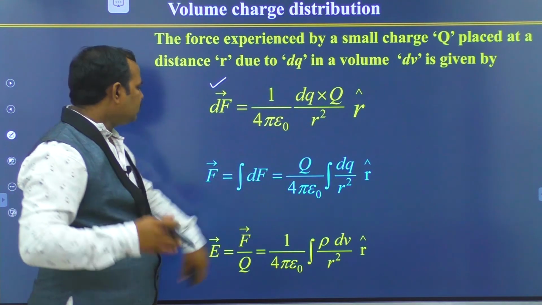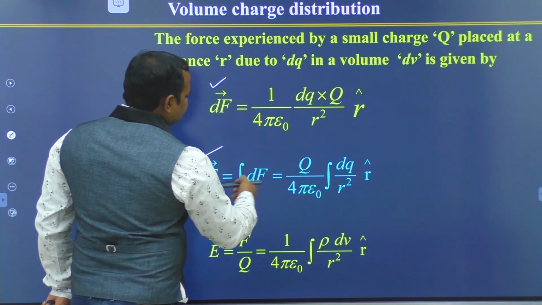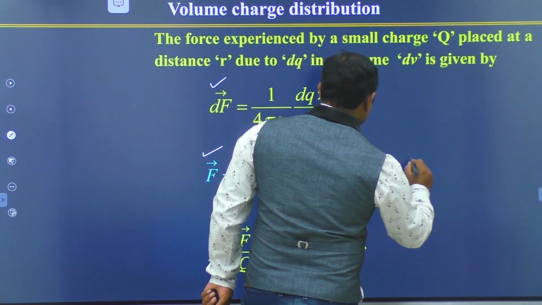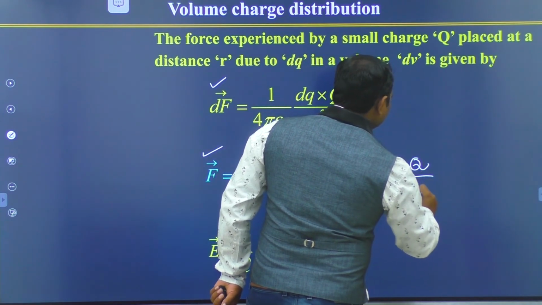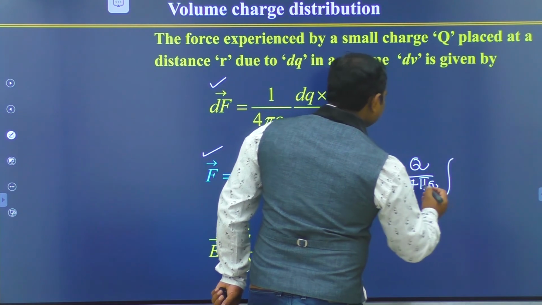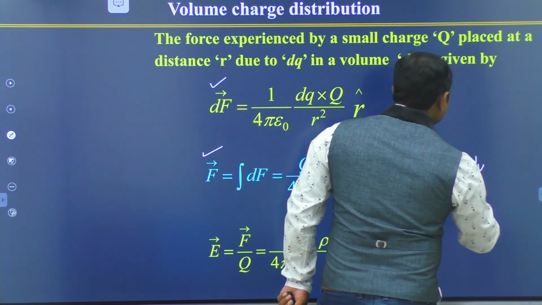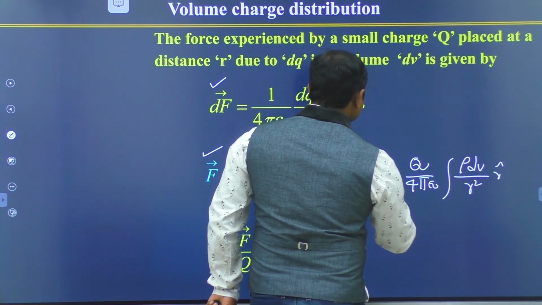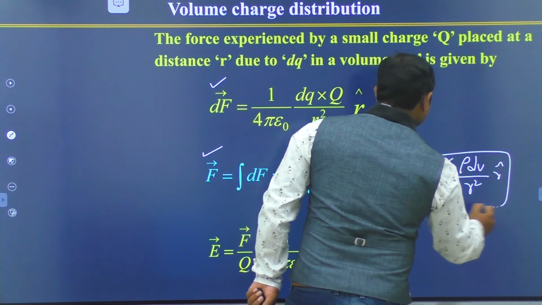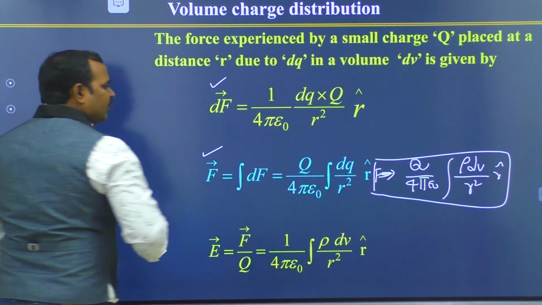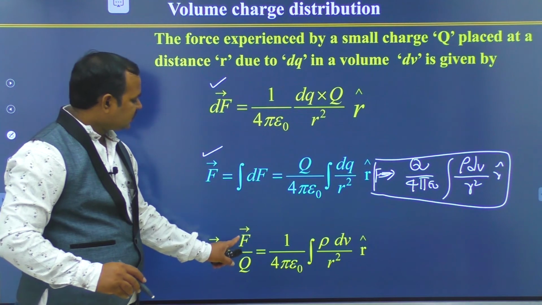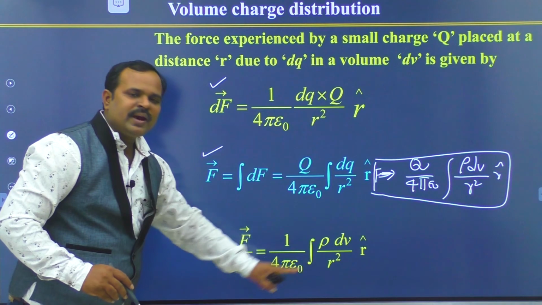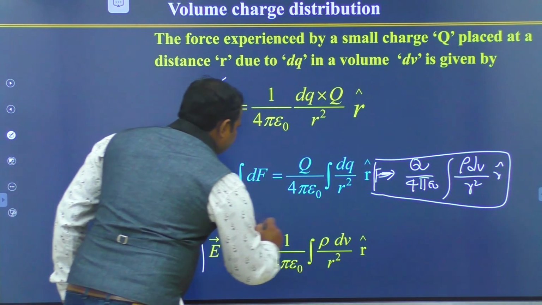If you want the total force, simply integrate it: q by 4 pi epsilon naught integration of rho dV by r square r cap. This is the force. Now if you want the field, E is equal to F by q, which is 1 by 4 pi epsilon naught integration of rho dV by r square. This is the field.